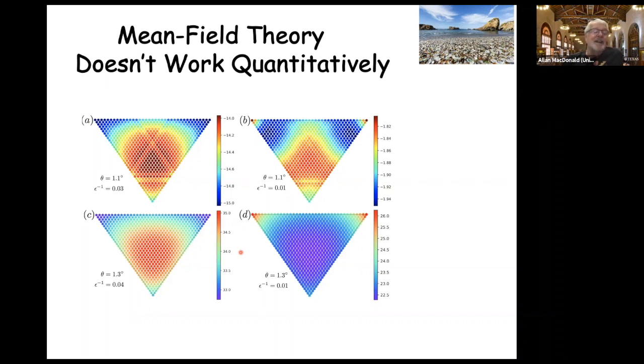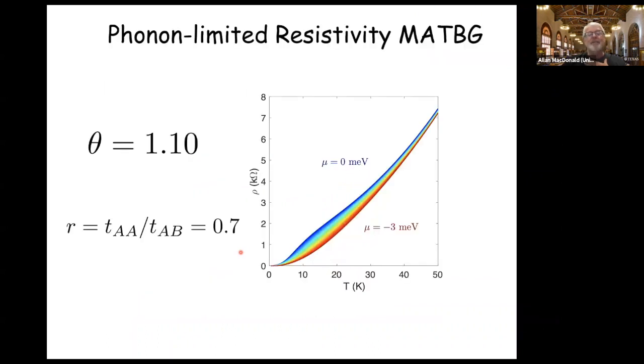So it seems like the system at filling factor -1 doesn't have any broken symmetries, but it's not far away in energy from states that do. And so the question is, can we do a microscopic theory that will properly predict whether or not we have flavor symmetry breaking?